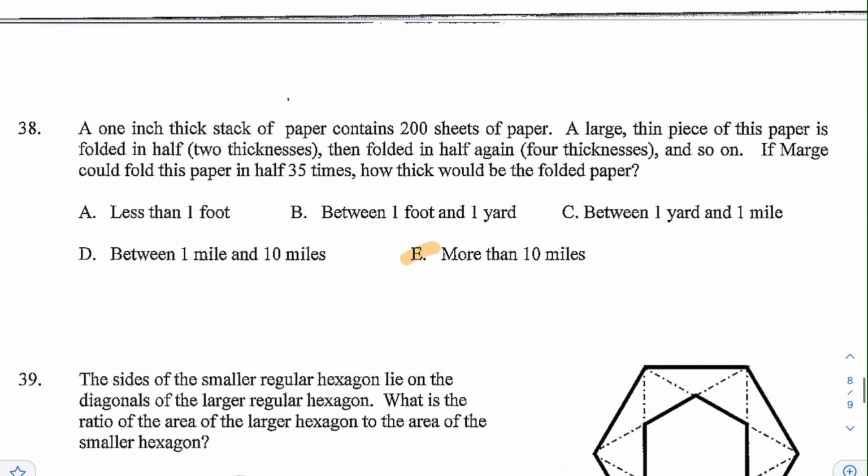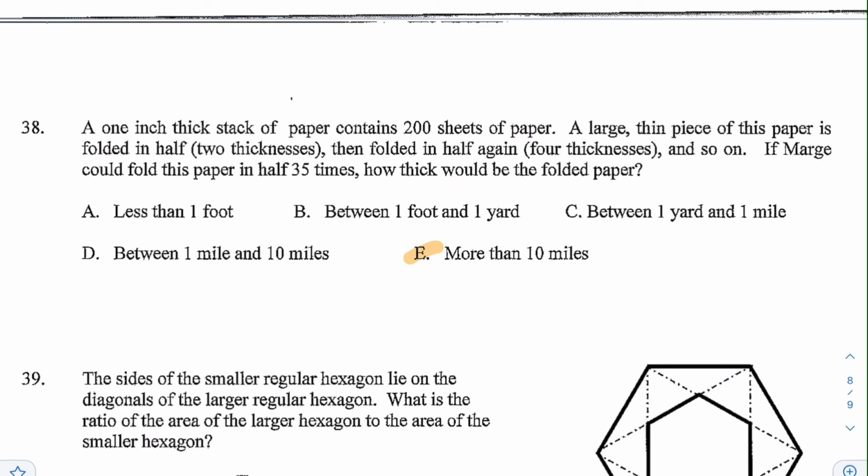Okay, next for number 38, if you have a 1-inch thick stack of paper, has 200 sheets, a large thin piece of paper is folded in half, 2 thicknesses, then folded in half again, so it's 4, and so on. If Marge could fold this paper in half 35 times, how thick would this folded paper be? So here you have this 1-inch stack is 200 sheets.